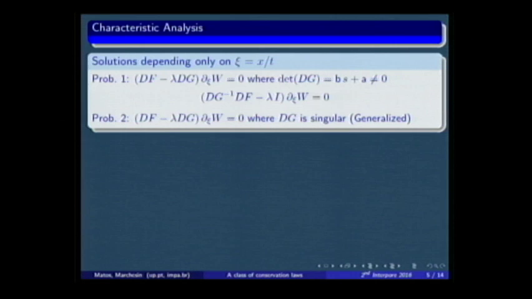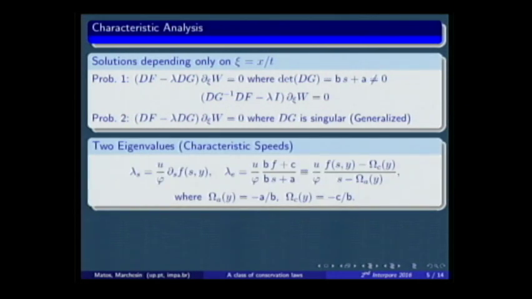In the problem 2, we have a different situation. dg is singular, and so we have a generalized eigenvalue problem. And these two problems lead to just two eigenvalues, or characteristic speeds if you want, and both can be written like this. I remind you that A, B, C are not exactly the same in both problems, but if we apply ABC to the correct problem, both have this form.